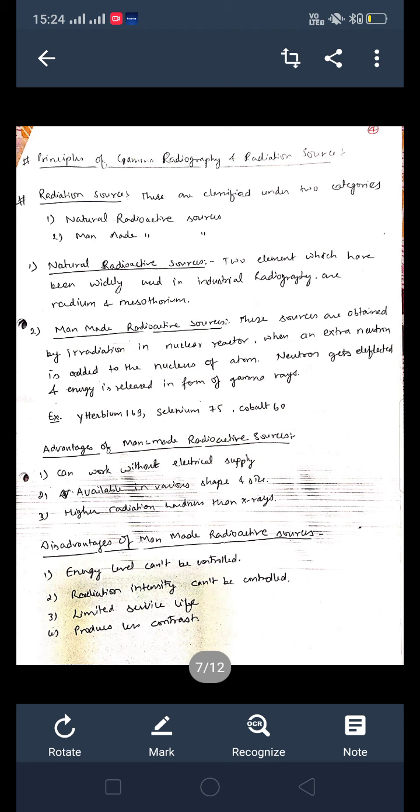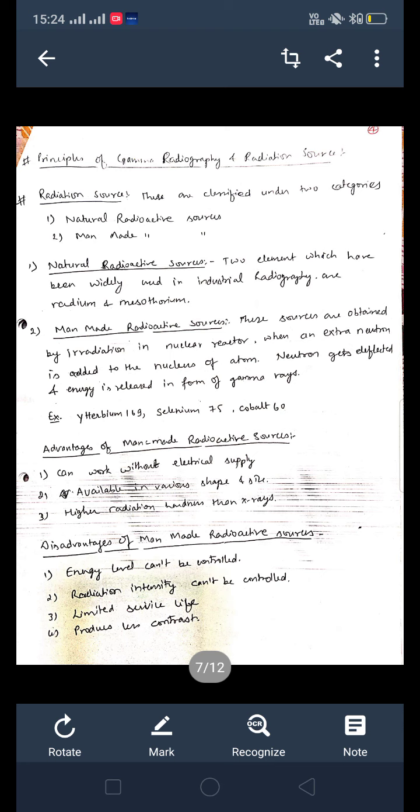Every man-made product has some advantages and some disadvantages. The first advantage of man-made radioactive sources is that they can work without electric supply. It is very good for industries, because if electricity is not required, then we save money.